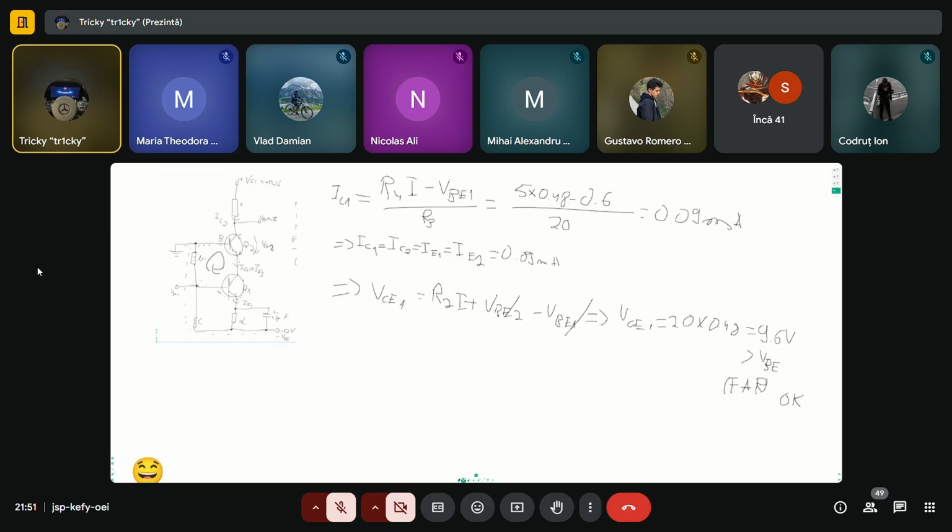Perfect. We also have to calculate VCE2, this over here, and I'm pretty sure now it's easy. We can just take a path from VCC all the way to VEE. It's gonna be a long path, but it's easy. We know all the values, so let's write it first.